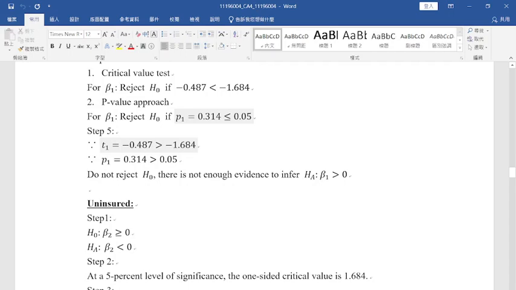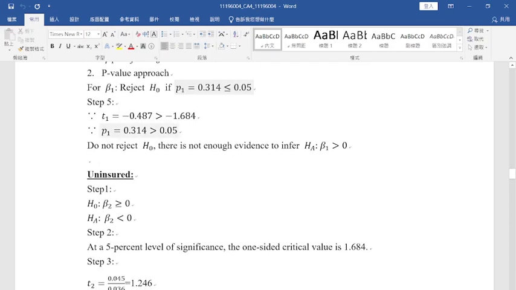Because the t statistics is smaller than the critical value, it should be that we do not reject the null hypothesis. It falls on the non-rejection region. And the p-value is greater than 0.05. So it means we do not have enough evidence to infer the alternative hypothesis.